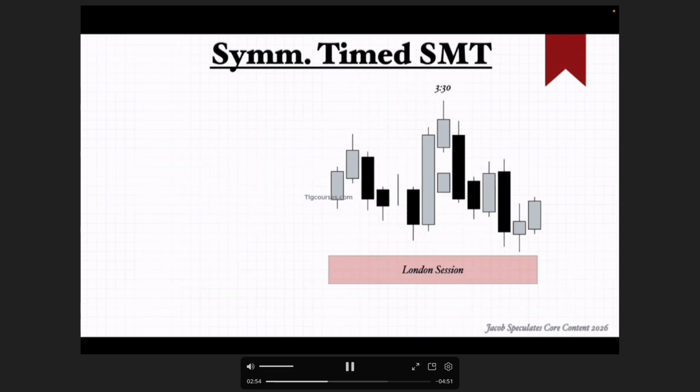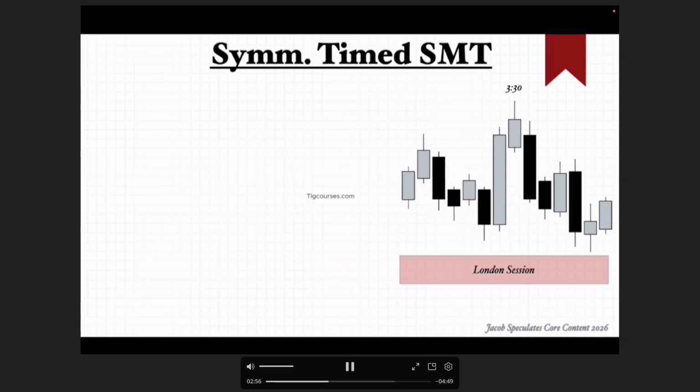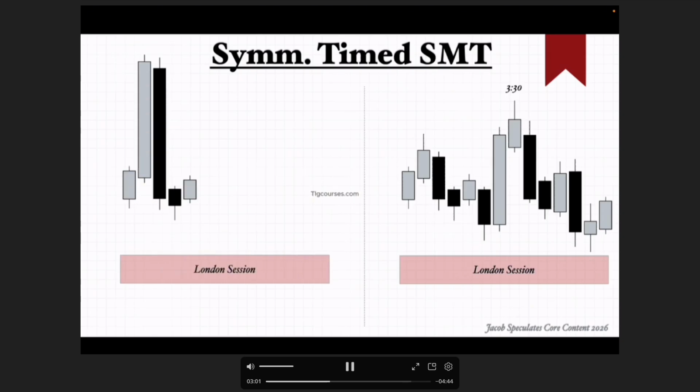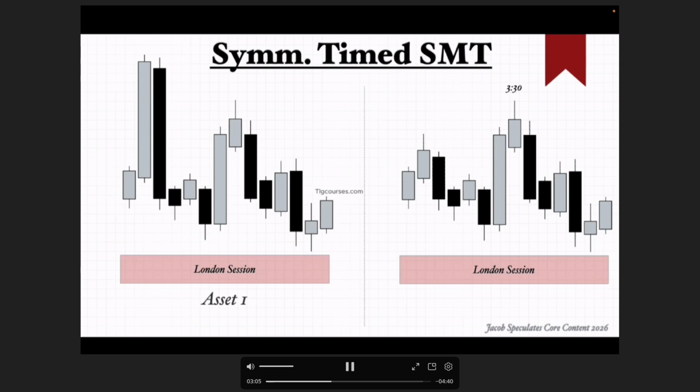Now, let's flip the script a little bit. Let's say we are observing London session's price action, but asset one, or one asset that we're looking at, did one thing, and another asset we're looking at did a different thing. So let's say the asset on the left, which would be asset one, formed London session's high at 1:15 in the morning. Now let's say asset two, being the asset on the right, formed London session's high at 3:30 in the morning.